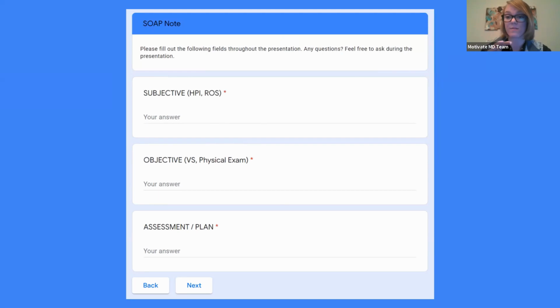So that would be a positive ROS. The other thing that we want to include is the objective portion, which is the vital signs and our physical exam findings. And then assessment and plan. Assessment is basically our differential diagnosis, what we think. And our plan is what we're going to do in order to address what we think our differential diagnosis is, or the condition that we're looking at right now.